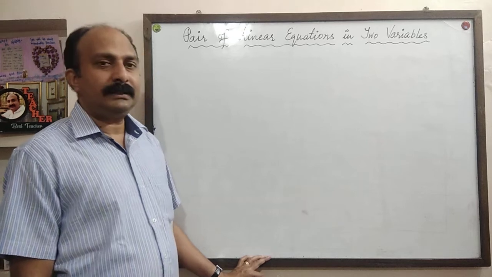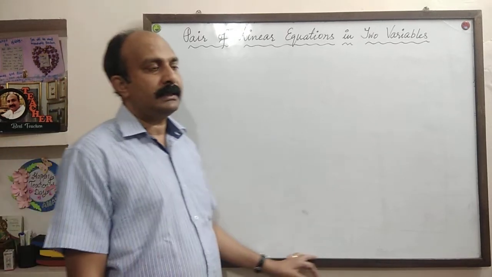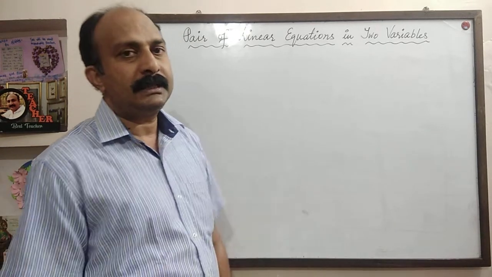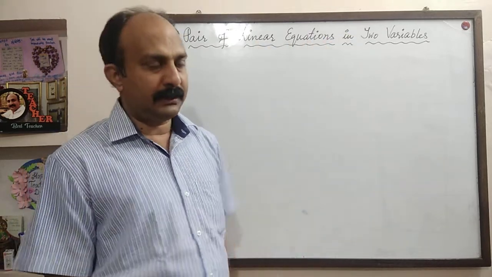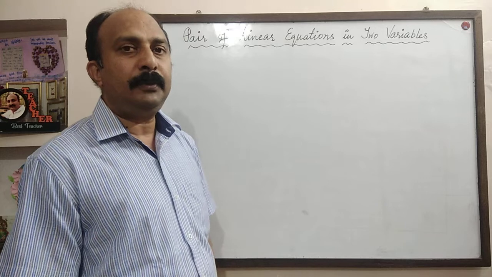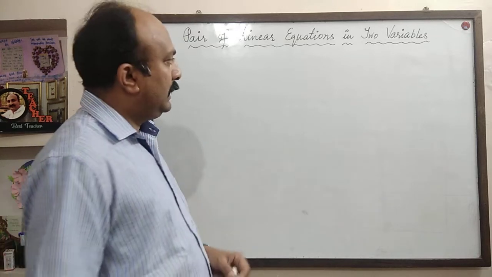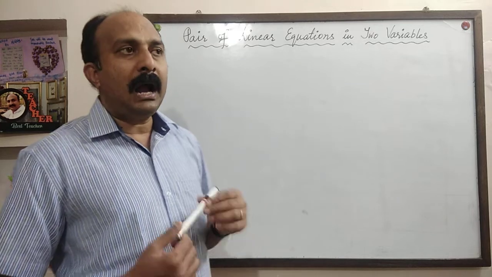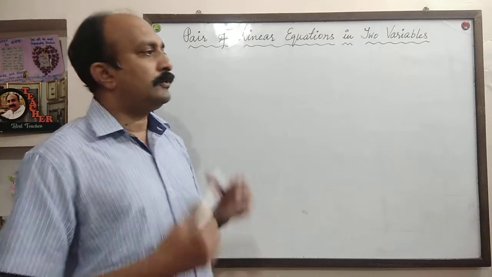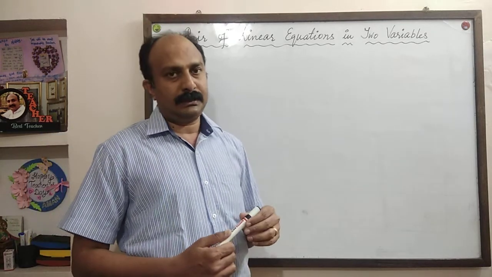Hello students, today I am continuing with class 10 mathematics chapter 3, pair of linear equations in two variables, exercise 3.4. This exercise is about the second algebraic method for solving a pair of linear equations.